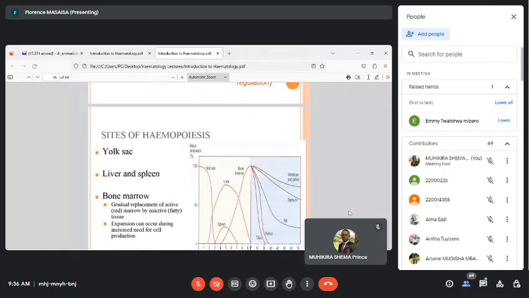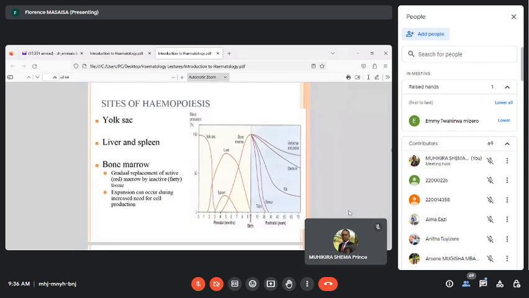So where does hematopoiesis take place? We usually start from the second week of intrauterine life, where it's done in the embryo in the yolk sac. Then after some weeks, from the first month, that's when the liver and the spleen take place. Then from the fourth month, that's when the bone marrow takes place.